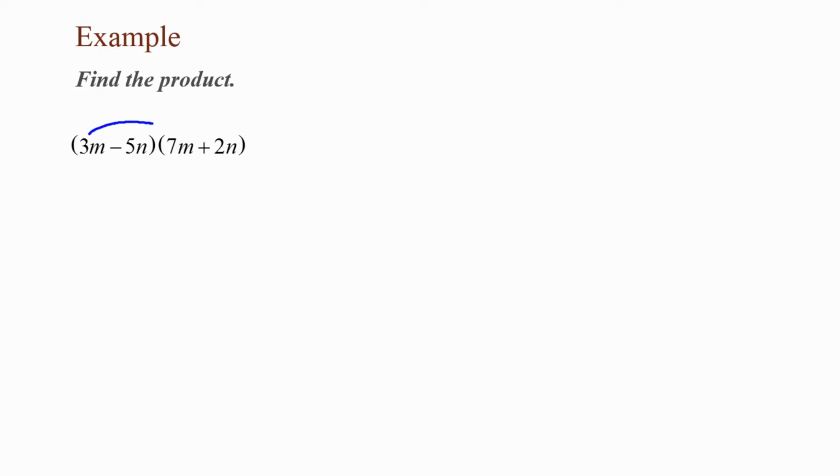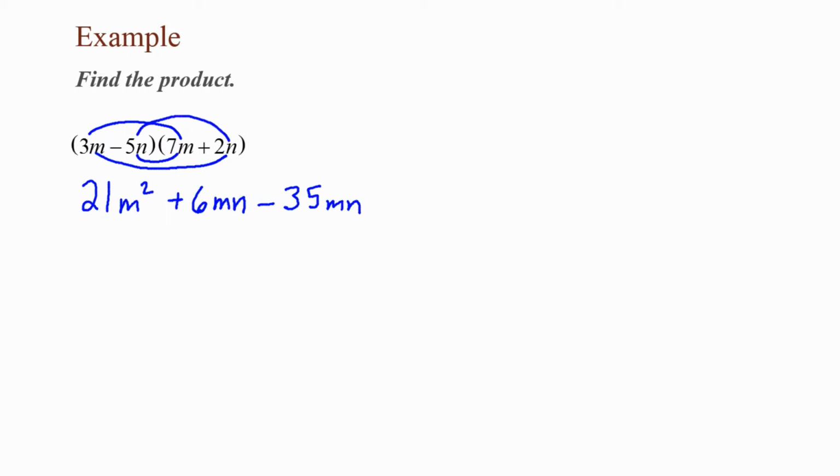I will start by multiplying 3m times 7m, which gives us 21m squared, then 3m times 2n, which is a positive 6mn, then negative 5n times 7m, which gives us minus 35mn, then negative 5n times a positive 2n, which gives us minus 10n squared.